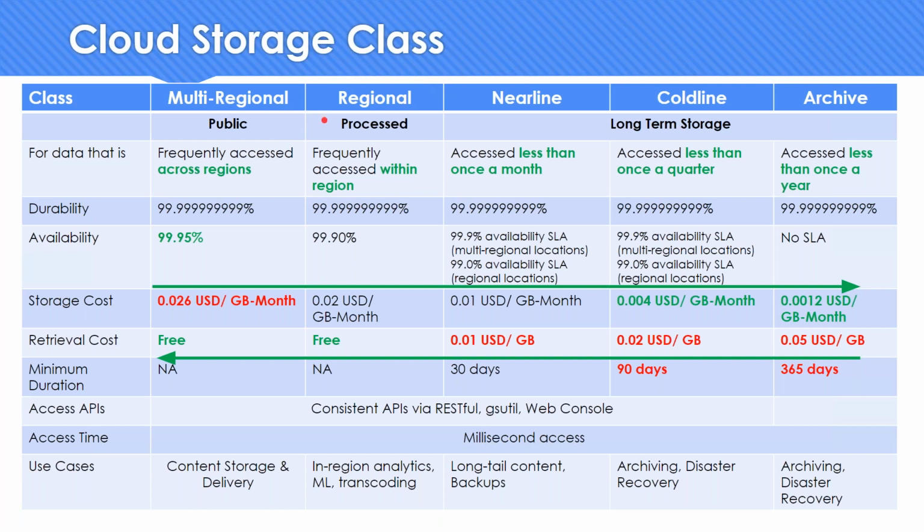And we also saw in the user interface they have clubbed multi-regional and regional as standard storage class. So you'll see different versions. The reason why I explained the multi-regional and regional storage classes is, if you join an organization as a cloud architect and this implementation was done before March of 2020, you will see some names as multi-regional, regional.